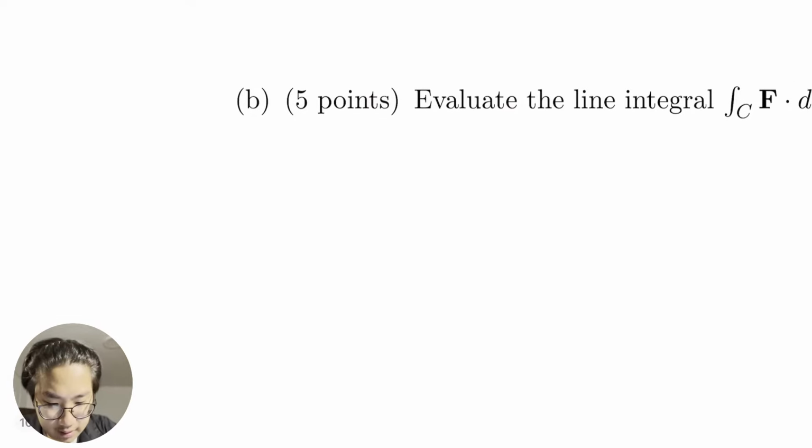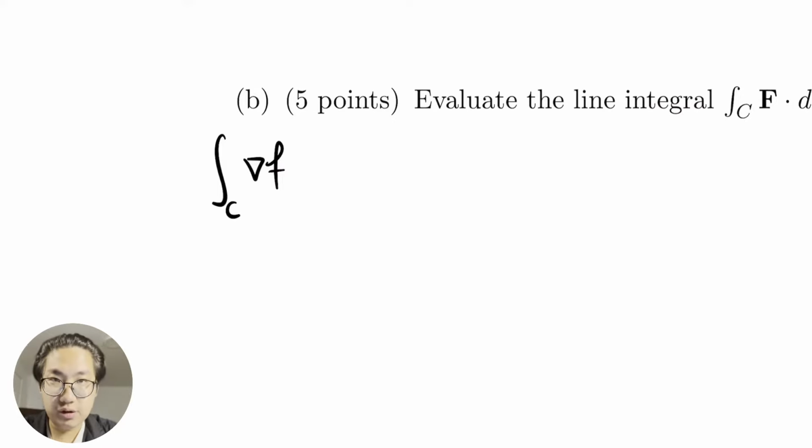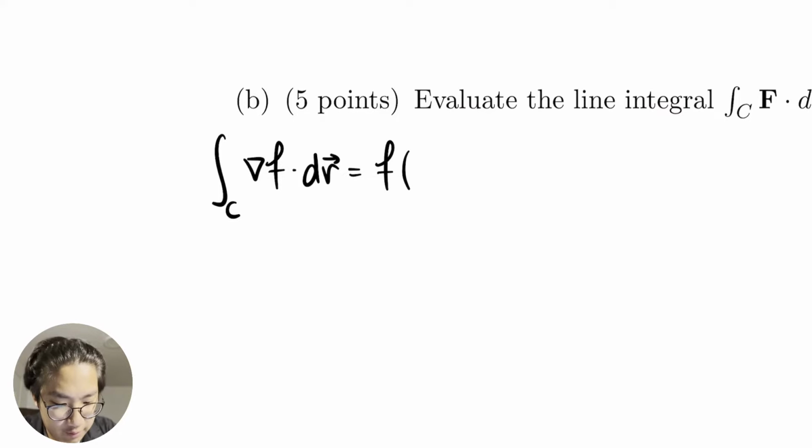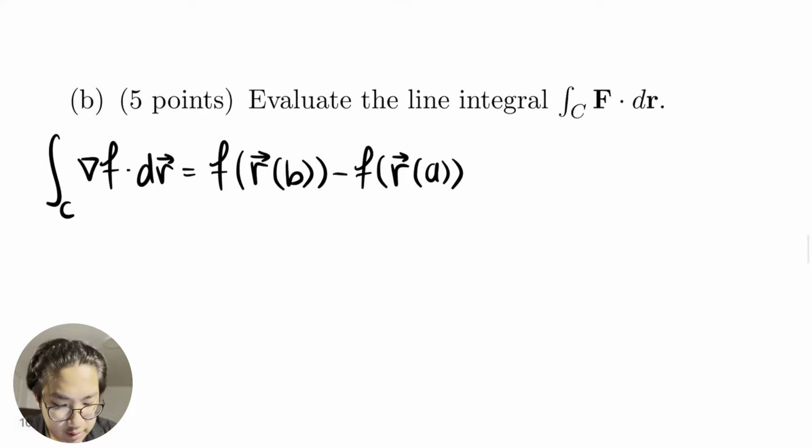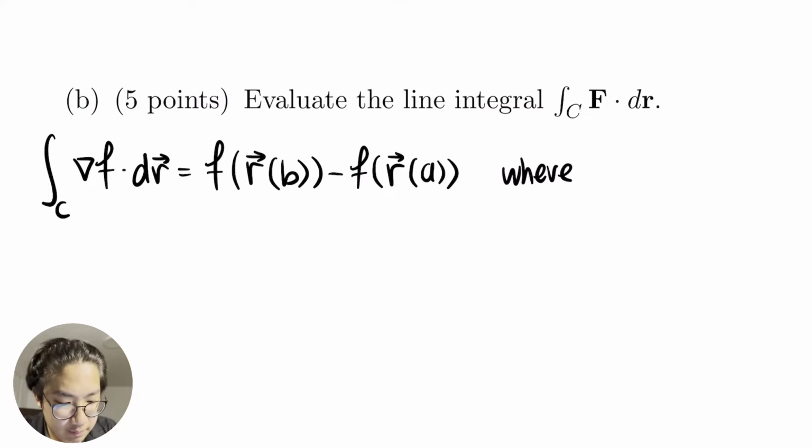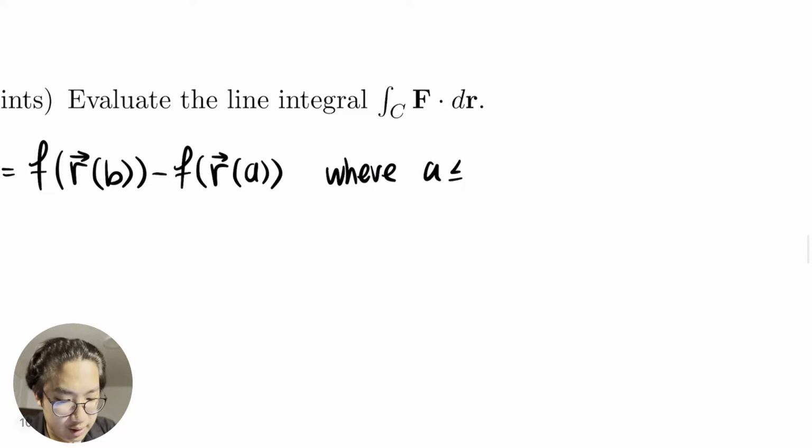So the line integral over C of a conservative vector field, F dot dr, is equal to f evaluated at r of b minus f of r of a, where t is between a and b.